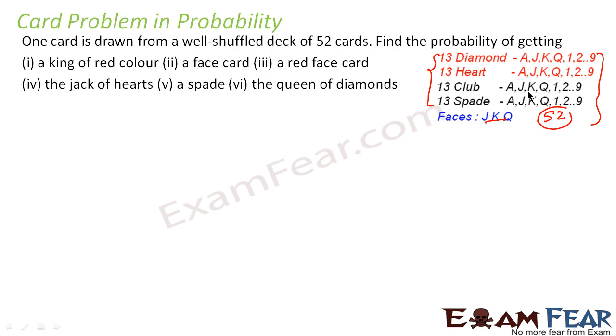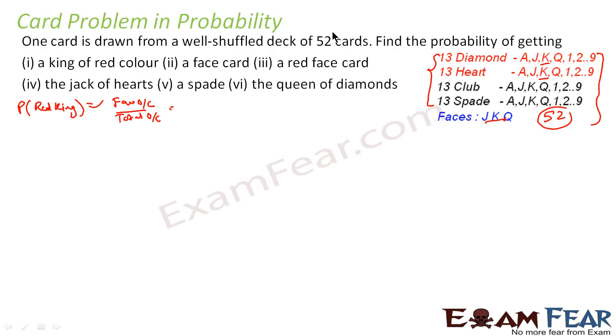The first question says that we have to find the probability of getting a red color king. So if you see, there are how many red color kings? This is one red color king and this is one red color king. One for diamond, one for heart. So probability of red king, same formula you use, that is favorable outcome by total outcome.